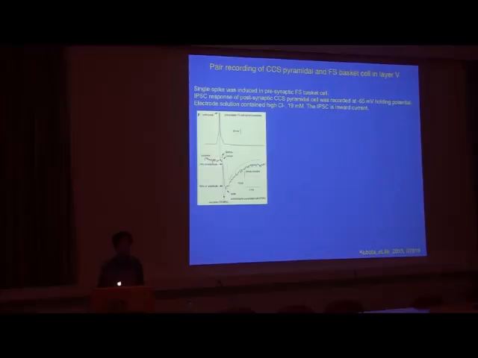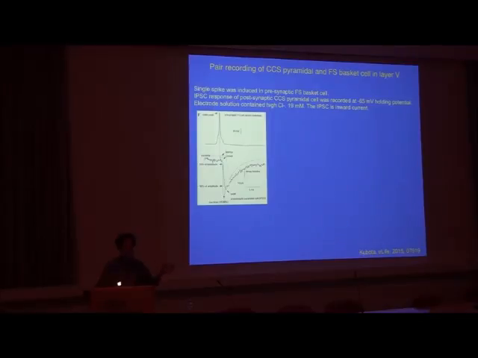A single spike was induced in the presynaptic fast spiking basket cell. And then the IPSC, the response of the postsynaptic CCS pyramidal cell, was recorded at minus 65 millivolt holding potential. And then the electrode solution, this is a little bit of our tips. The electrode solution contained high chloride, 90 millimolar, and then the IPSC is an inward current measured.